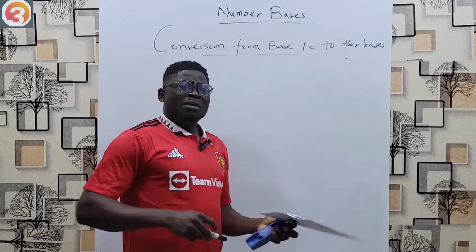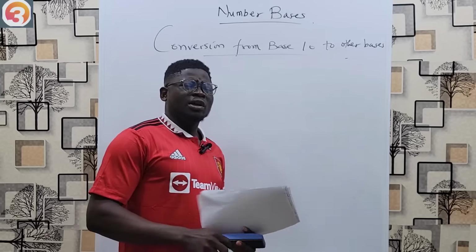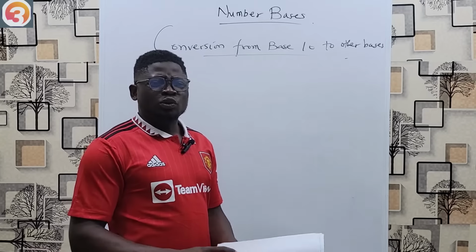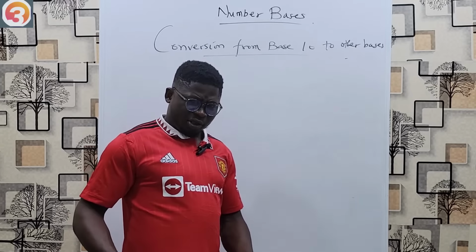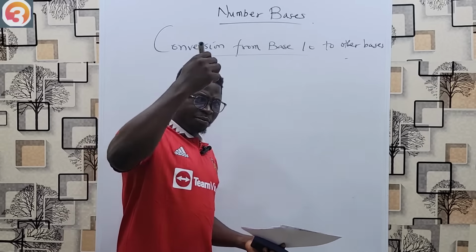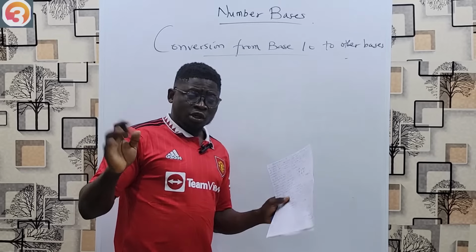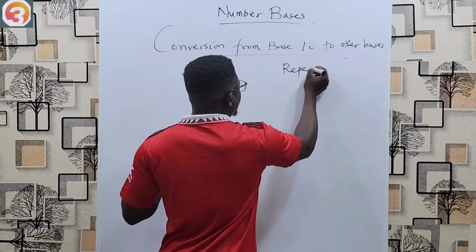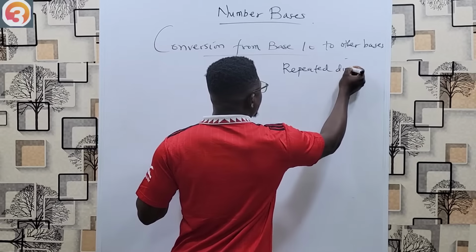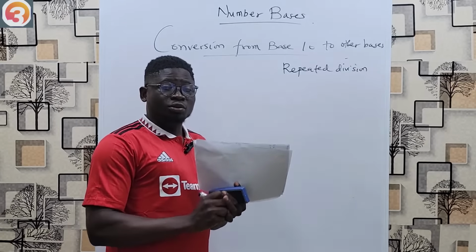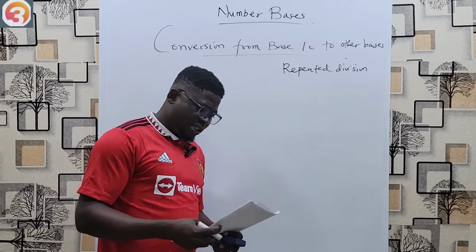When you are converting from a base 10 number to another different base entirely, what we do is repeated division, and then we take our result from the bottom to the top. It's very simple. We're going to see an example.